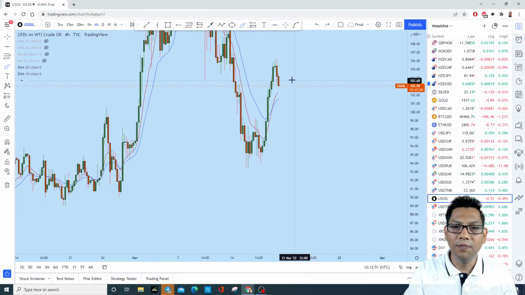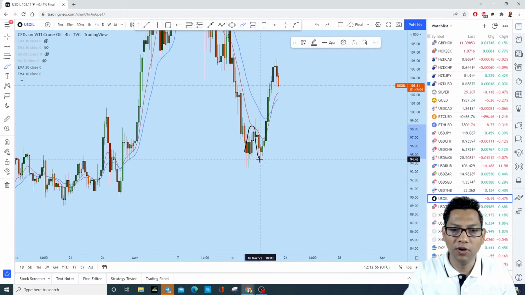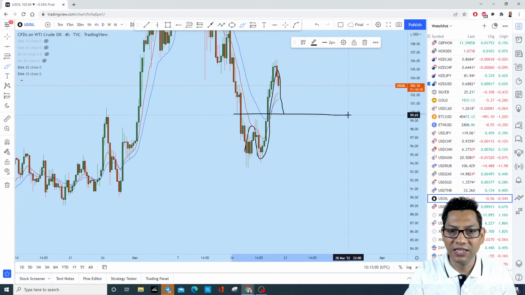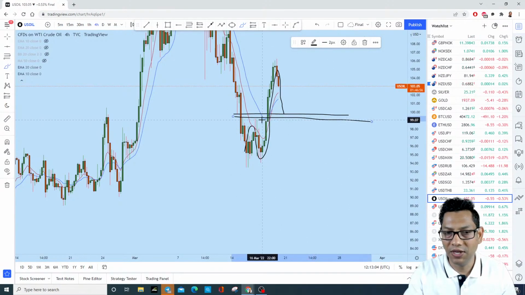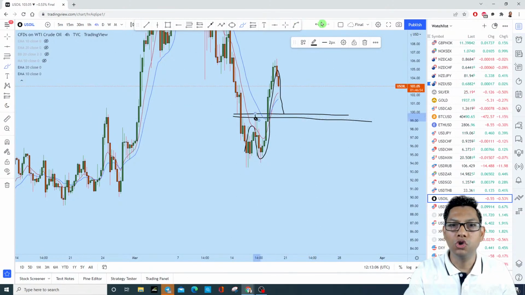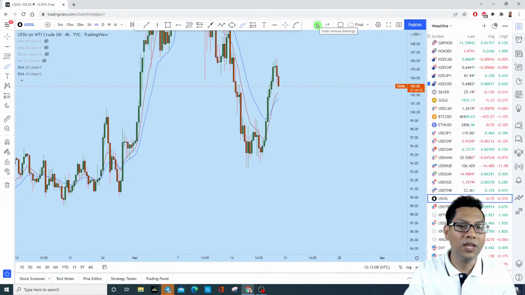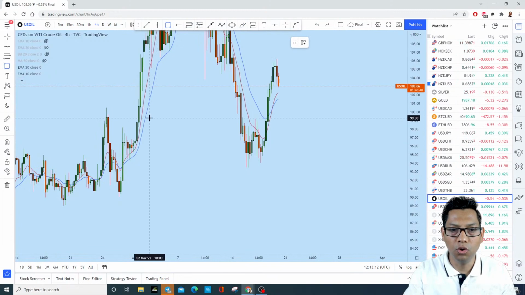So with that being said, on US oil, after this double bottom on the 4 hour, the price went up. Now it is likely that US oil is coming down to test this zone as a support. So where can we buy US oil? Let me draw this zone here.